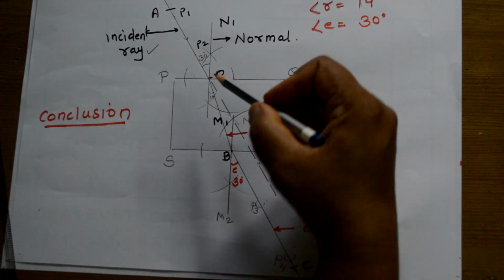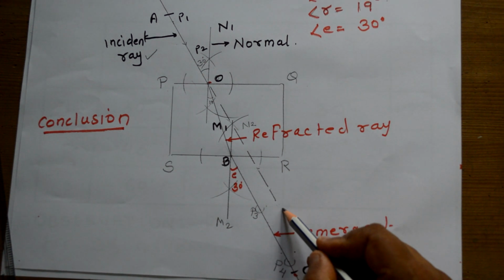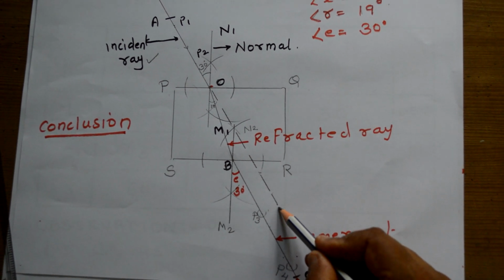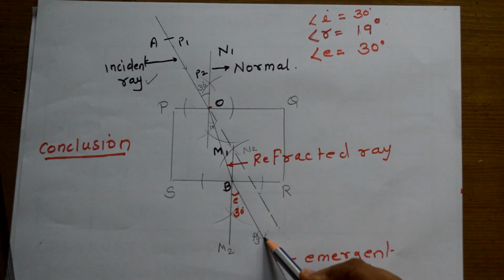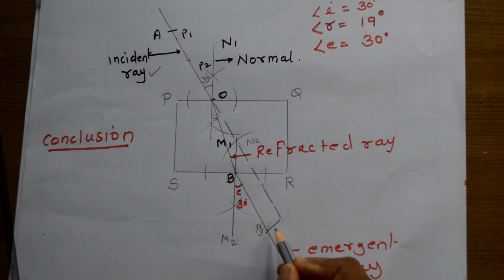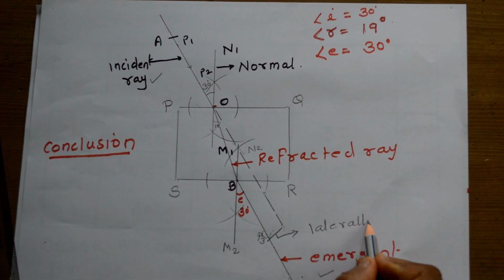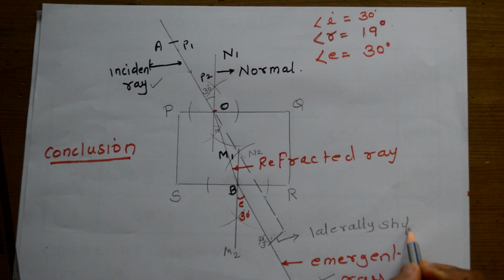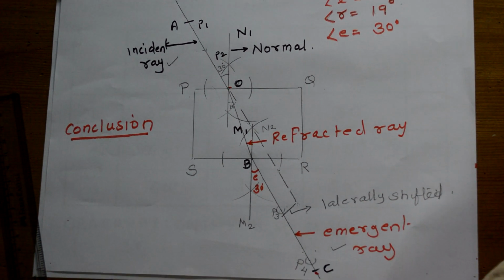And when I draw a line here, in line with the incident ray, I get the line over here. Instead of the line passing along this path, the line has shifted laterally to this side.